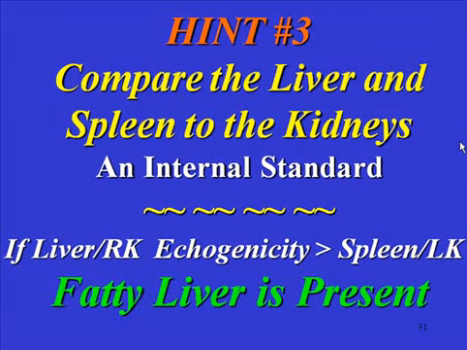Basically, what we do is to compare the liver and the spleen to the kidneys. And if the difference in echogenicity between the liver and right kidney is greater than the difference between the spleen and the left kidney, fatty liver is present. So if the liver looks more relatively echogenic to the kidney than does the spleen, that's abnormal.